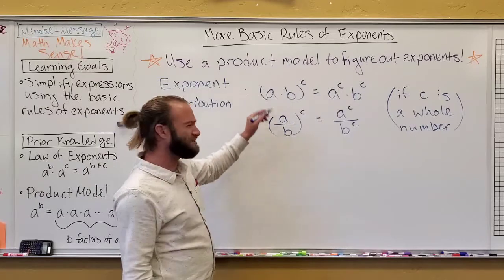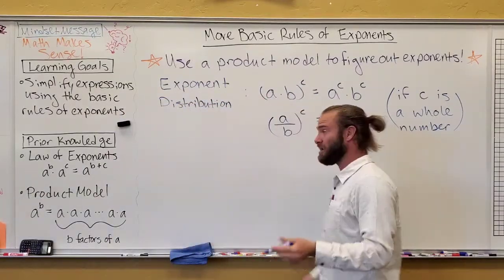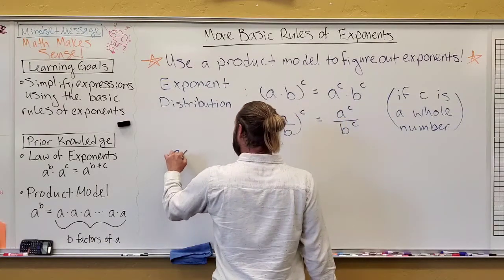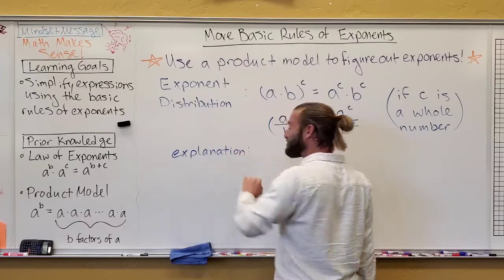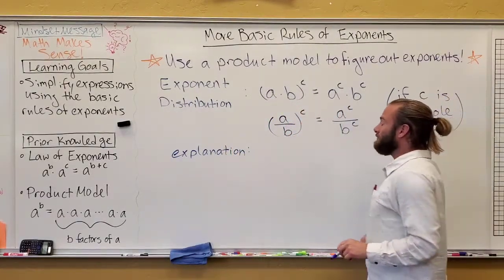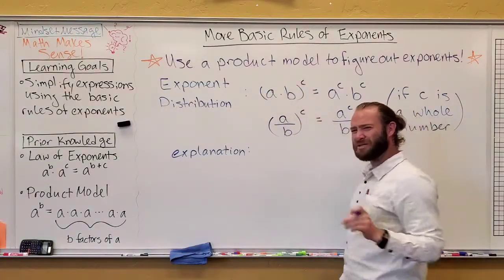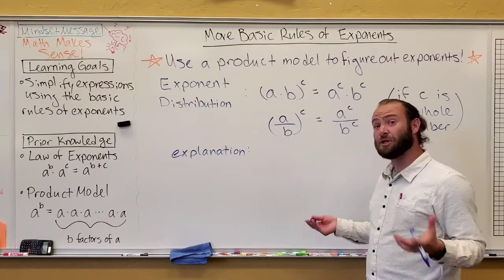Anyway, one way to maybe explain or prove why this is true is using a product model, actually. In math, a lot of what we do is try to justify ourselves and explain our reasoning for things. Remember how we said just giving some examples doesn't actually fully prove something?